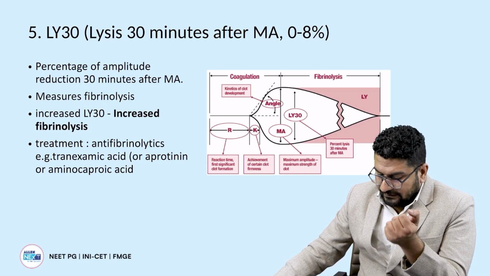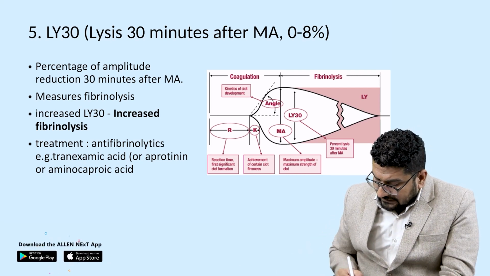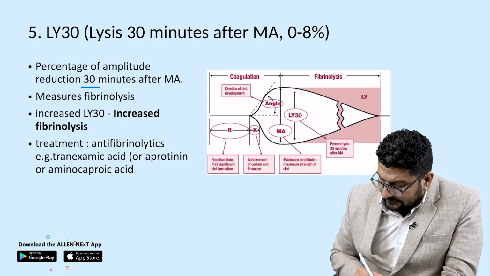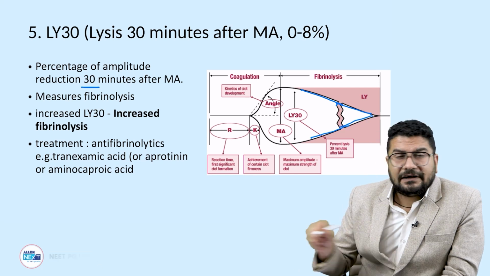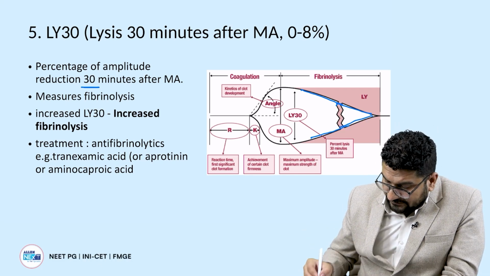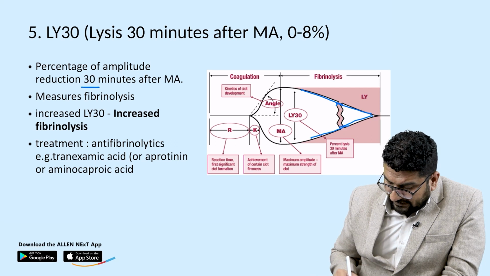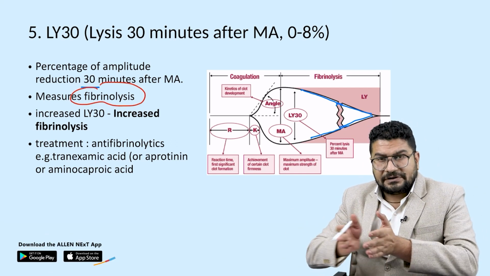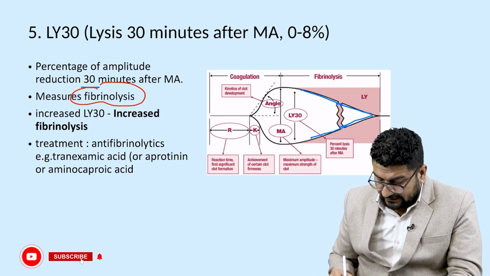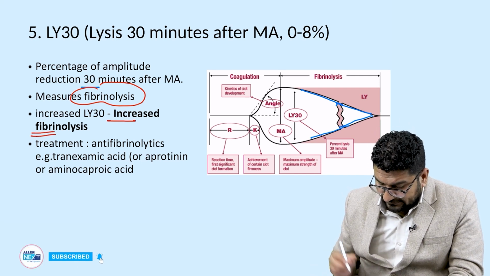Now coming to LY30. LY30 means after 30 minutes you will notice there is lysis. This tail is what we call, ये जो tailing हो रही है, that tailing is called LY30. This is basically telling you information on fibrinolysis. अगर LY30 prolonged, tail लंबी जा रही है, it means there is increased fibrinolysis.